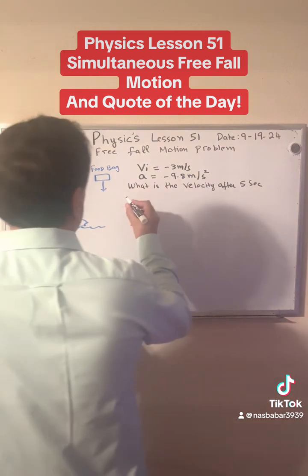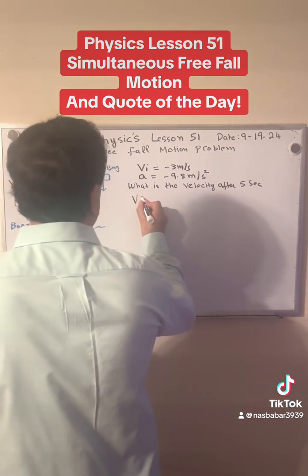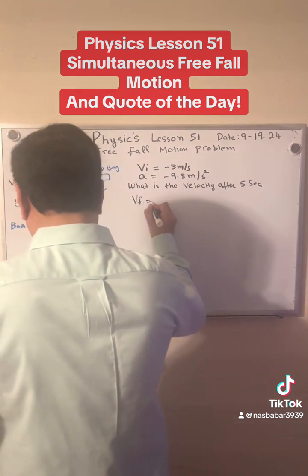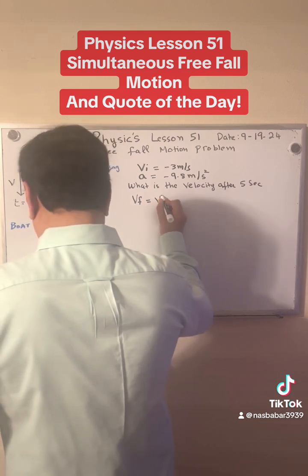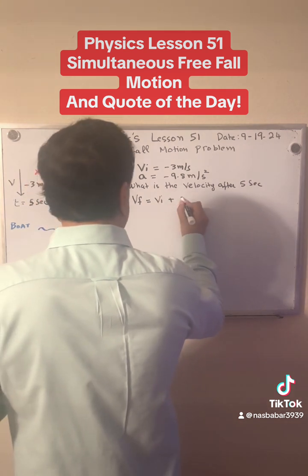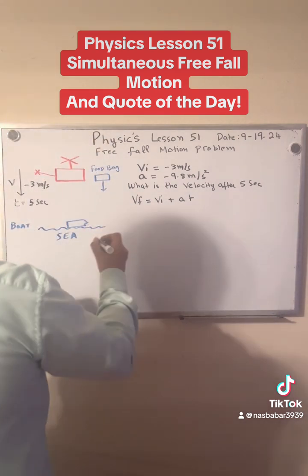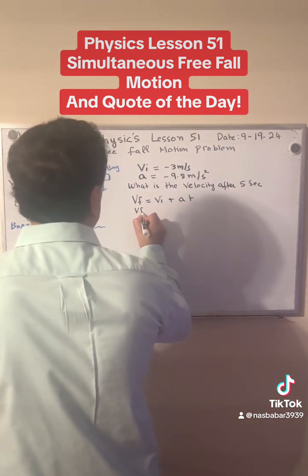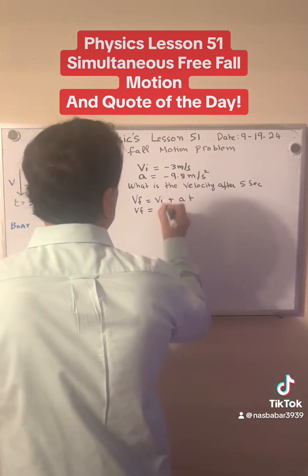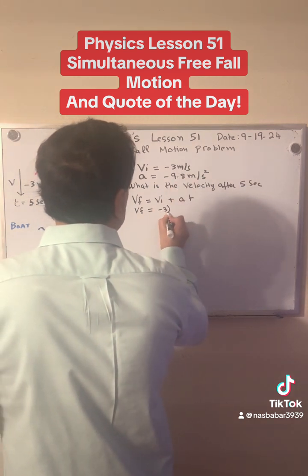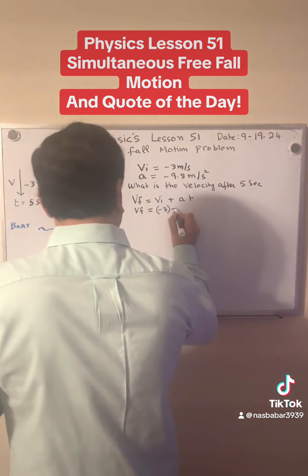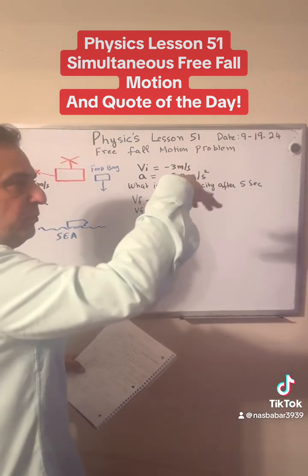So then we can apply Vf, final velocity, is equal to initial velocity plus at. Vf is what we are looking for. And then Vi in this case is negative 3, plus gravity, because it's a free fall motion.